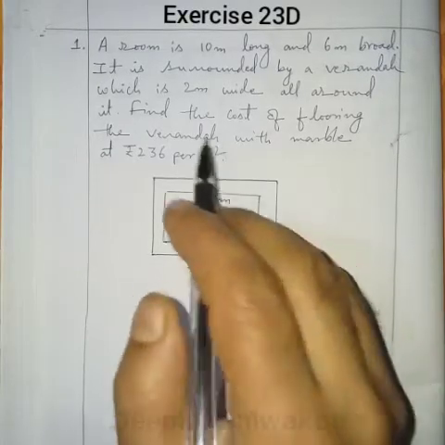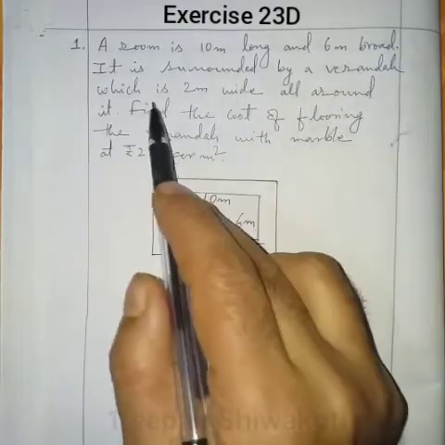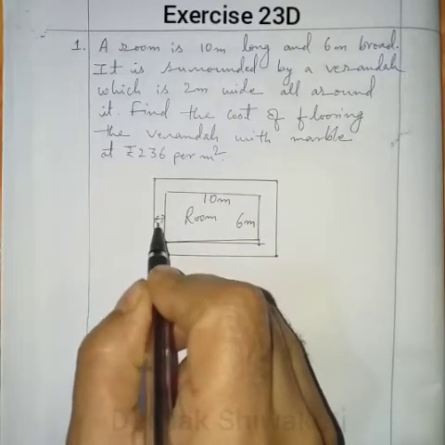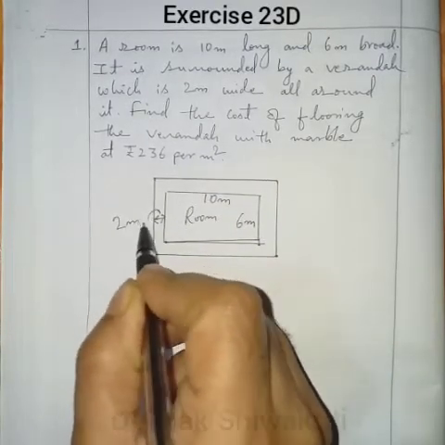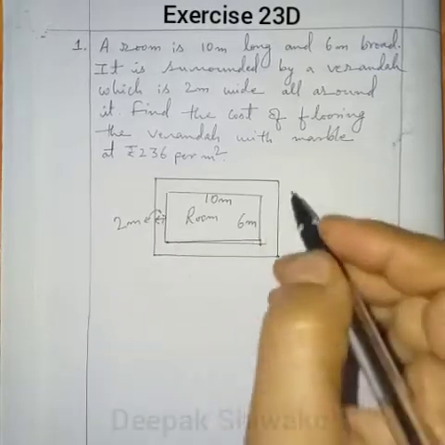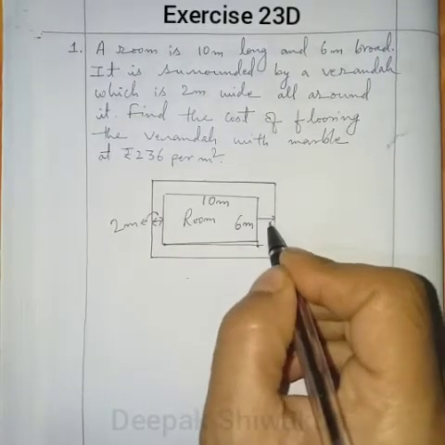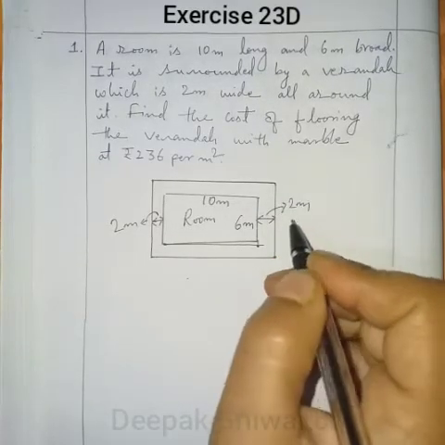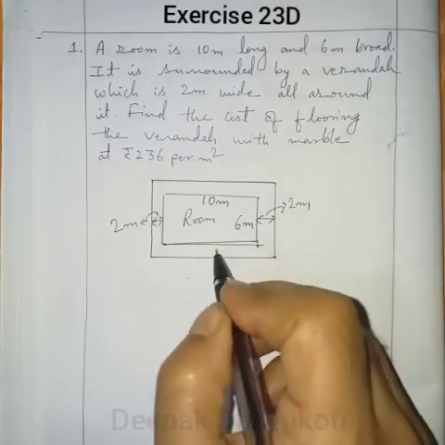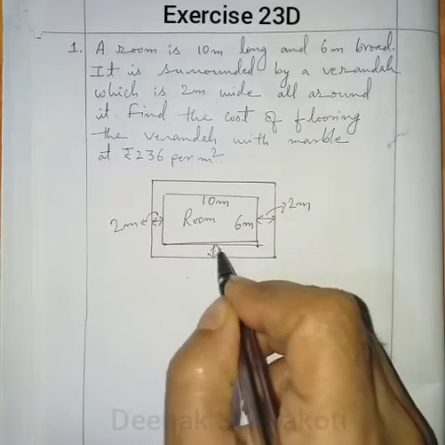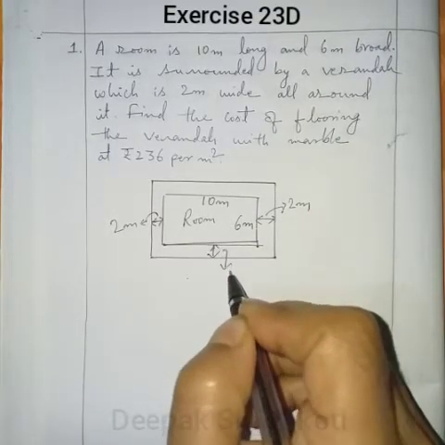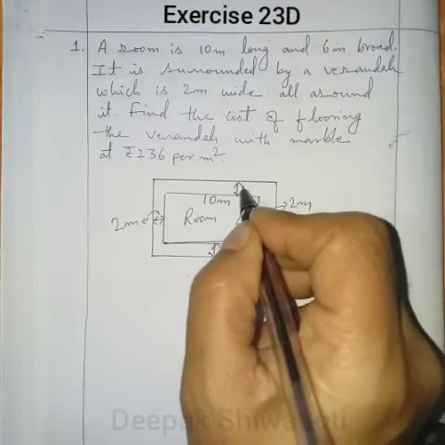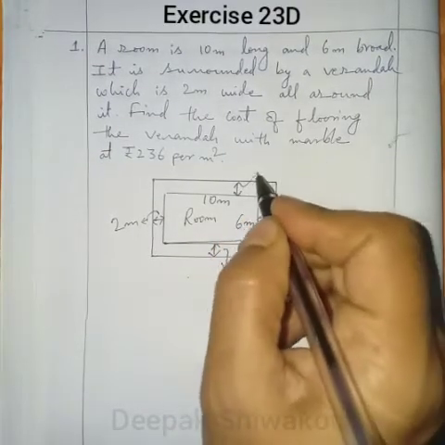And the veranda which is 2 meter wide means this one is 2 meter, this side also 2 meter, and here also 2 meter, this is also 2 meter, so all around it is 2 meter.